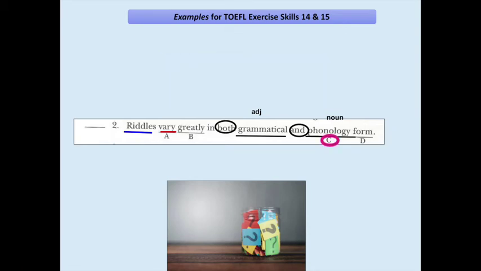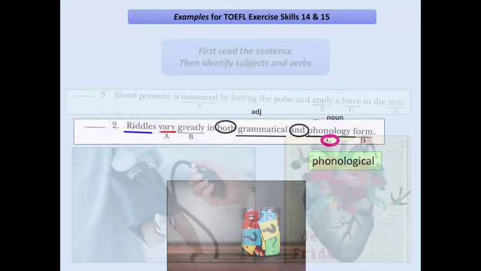So we will circle C. What should the word be? We need an adjective to have parallel structure with this adjective. So this word should be phonological.